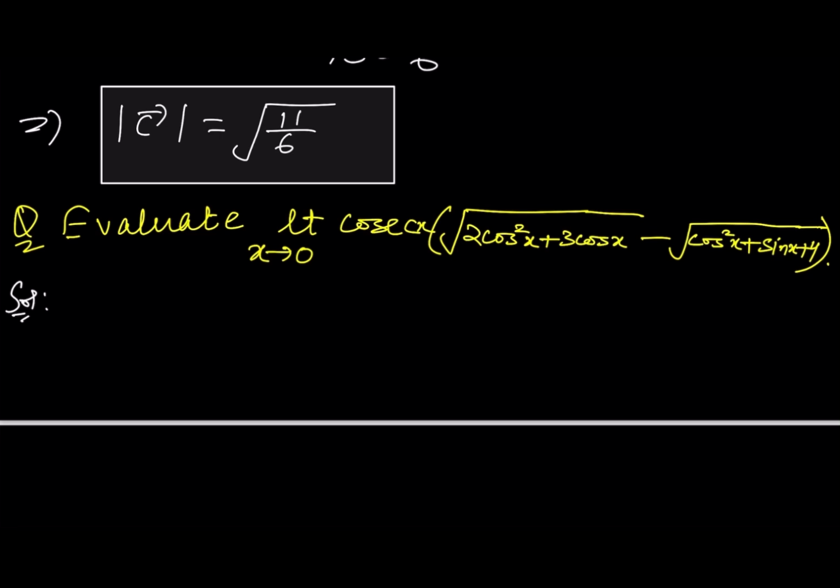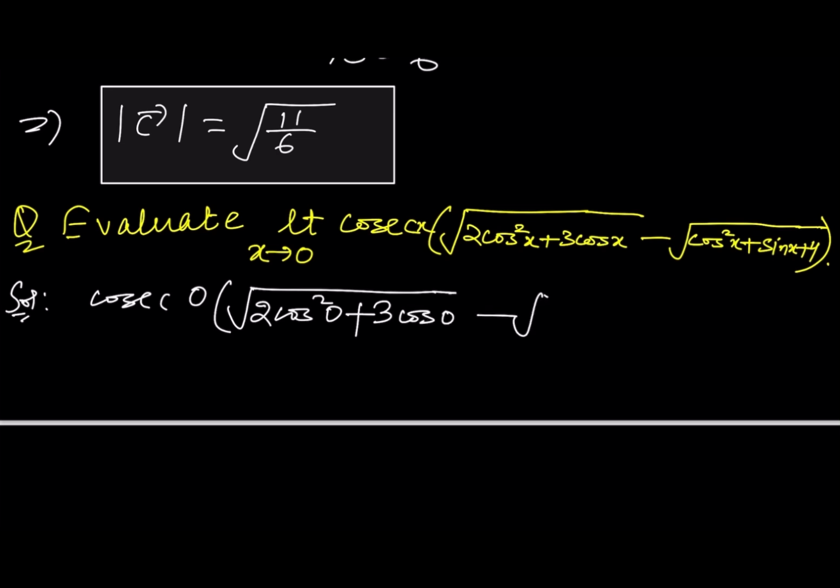So for this, we put the limit inside the expression. So if I do that, then it will become cosec 0 times root over 2 cos square 0 plus 3 cos 0 minus root over cos square 0 plus sin 0 plus 4.